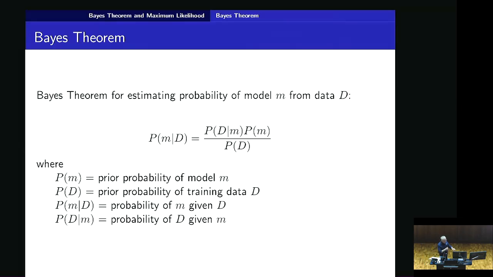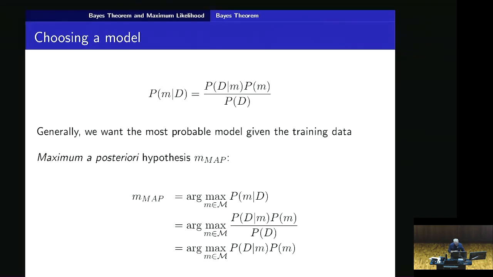I talked about this last time, so it's nothing new. When we're choosing a model, there are different approaches. One well-known approach is called maximum a posteriori hypothesis selection, or model selection, or just the MAP hypothesis or the MAP model.